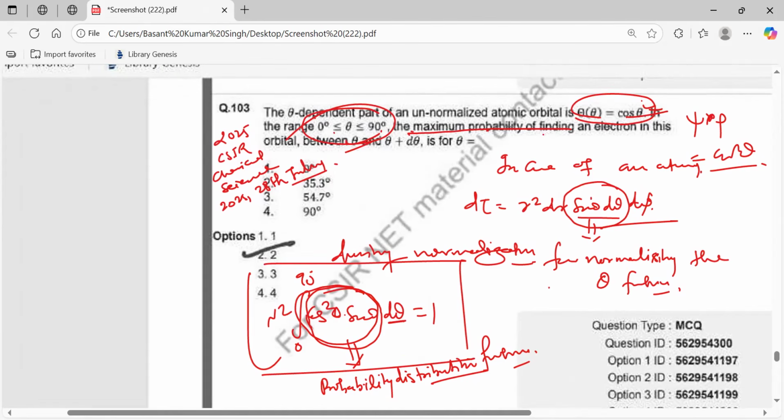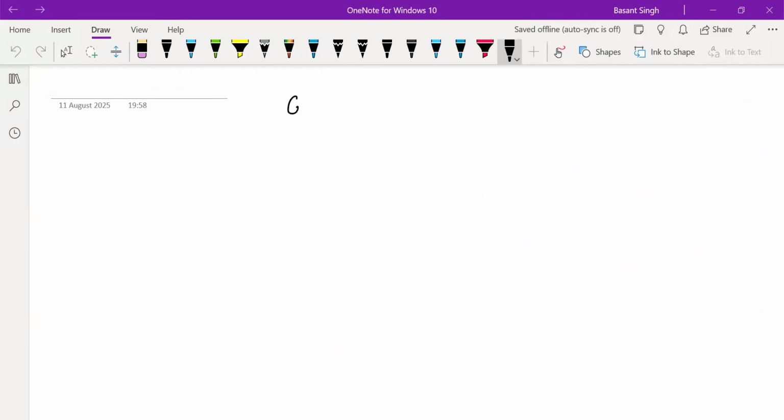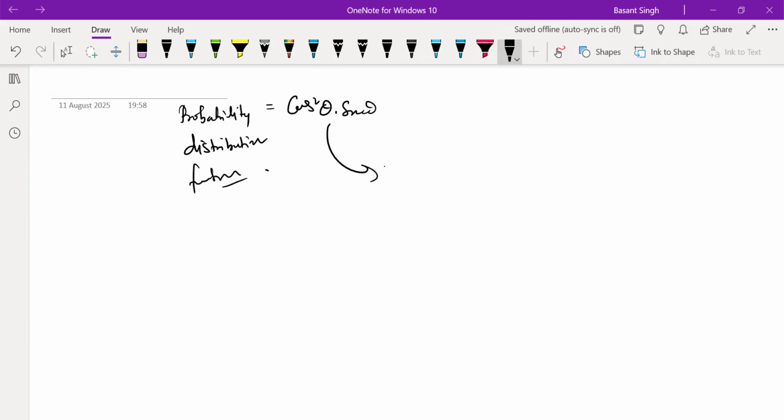So for maximizing this function, cos square theta sin theta, which is your probability distribution function, I have to maximize this.